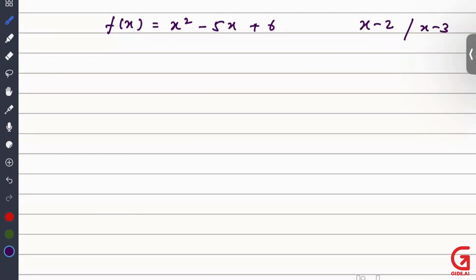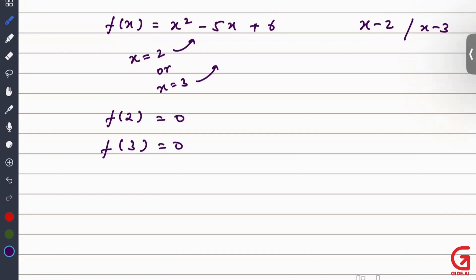If you divide it by x minus 2 or x minus 3, since they are factors, the remainder would be 0. So if I put x equal to 2 or x equals 3 here, what is going to happen? f of 2 would be 0, f of 3 would be 0, because they are the roots. So the y value has to be 0, right?